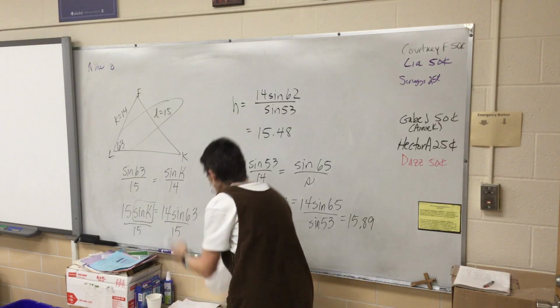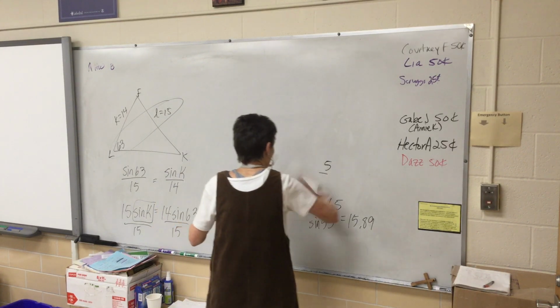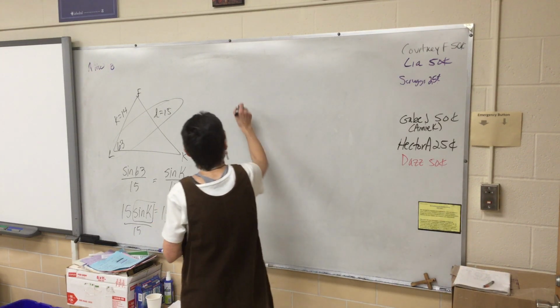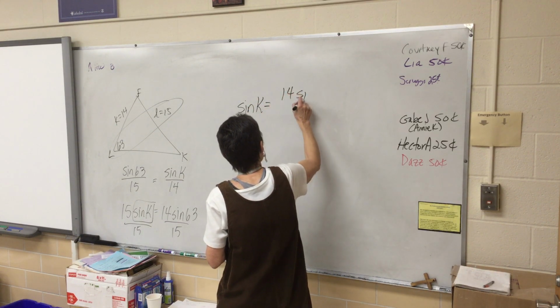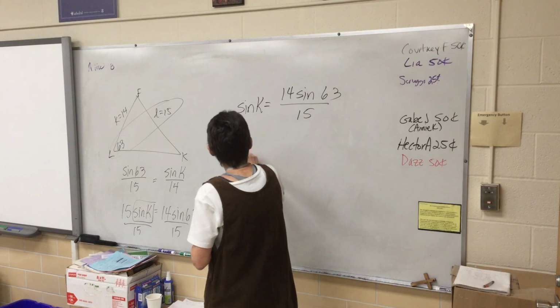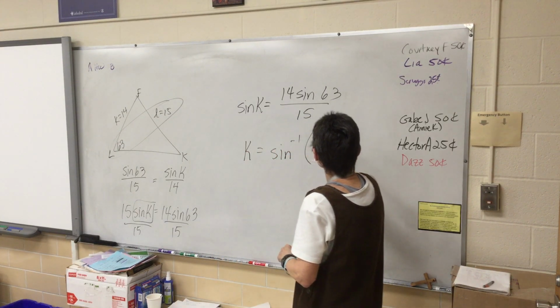This one says sine K equals. When it says sine K equals, then you know that you can't just type it in. You have to do second sine and then type it in.